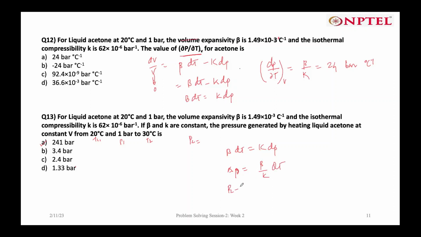So P2 minus P1 is equal to all the values given here and T2 minus T1. 241 bar, right? So all of you got clear?